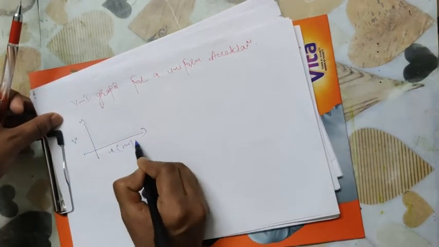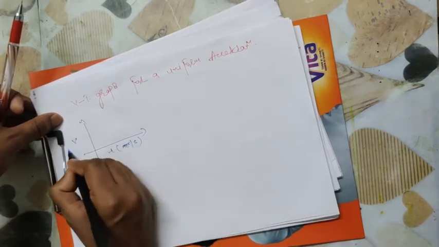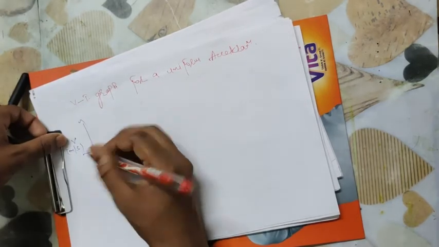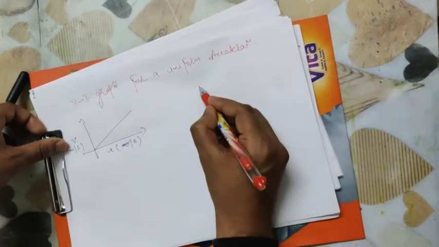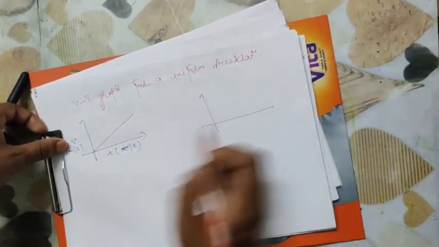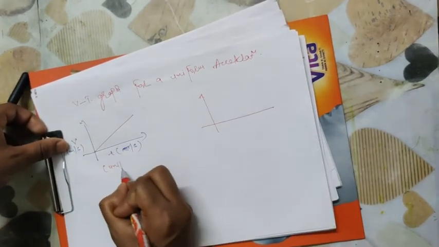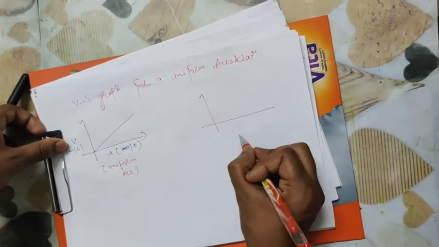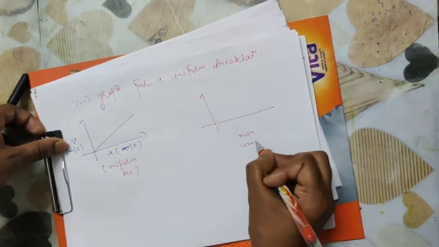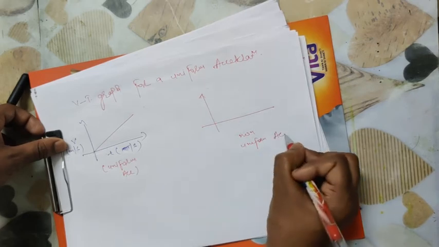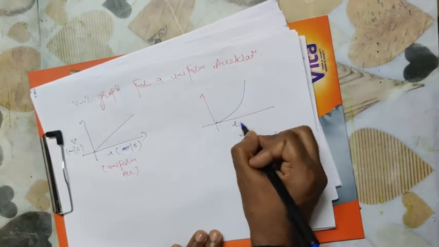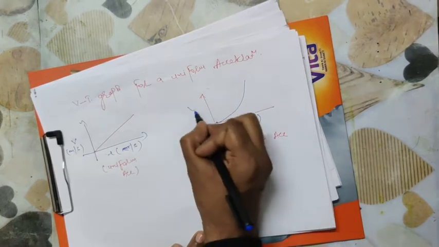Obviously for uniform acceleration the velocity time graph would be this. This is for uniform acceleration, when acceleration is constant. For non-uniform acceleration, the graph would be this thing, time in seconds.